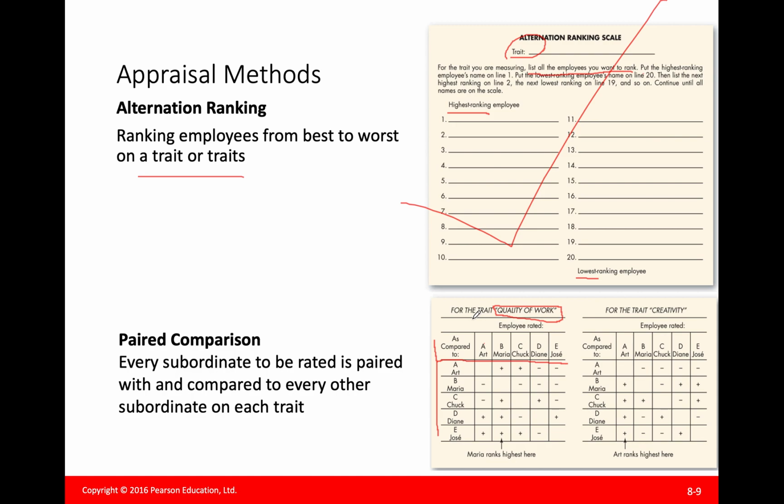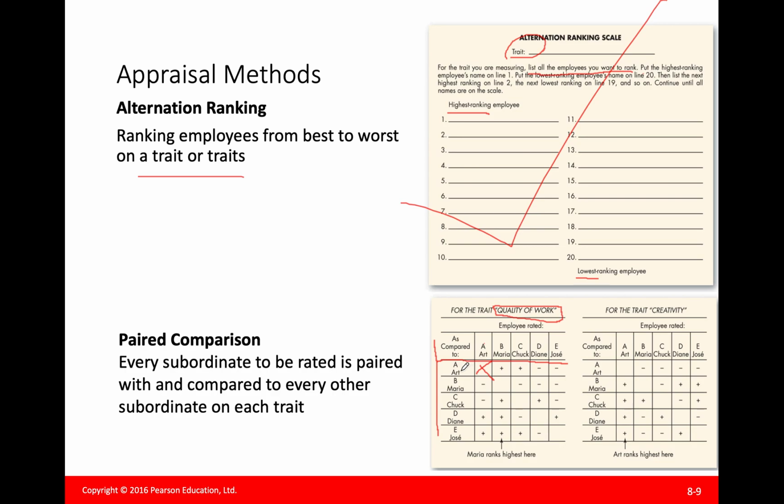Each subordinate is rated against everyone else. For quality of work here, of course A cannot be compared to A. This is the same person.